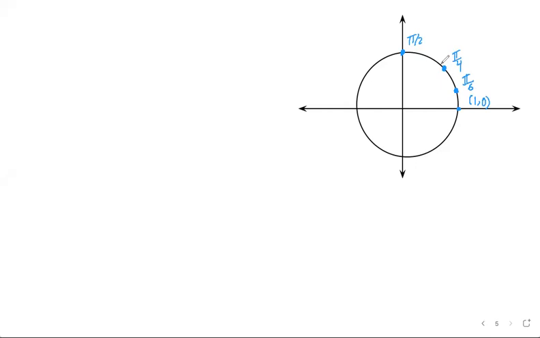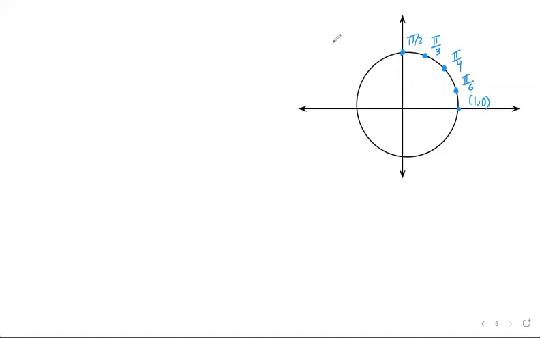And if I keep continuing, there is another distance here, pi over 3. So from here to here, the distance is pi over 3. From here to here, the distance is pi over 4. From this point to this point, the distance is pi over 6.